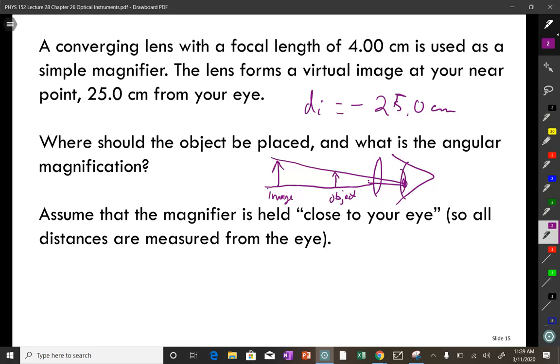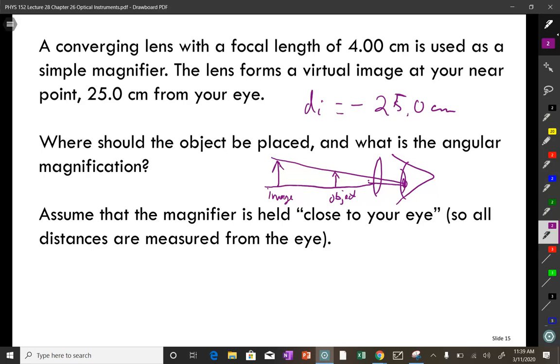And n is 25. And f, what's that? How do you know that? D_i is minus 25 because it tells us that the image is 25 centimeters away from your eye, and it's going to be on the same side as the lens, so it's negative.